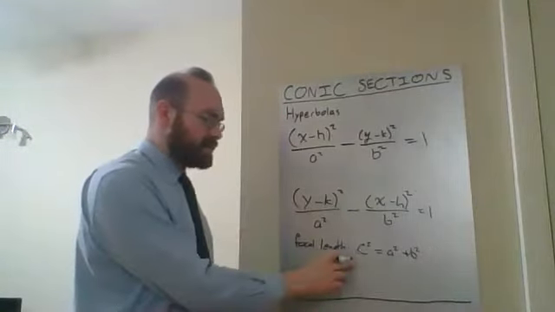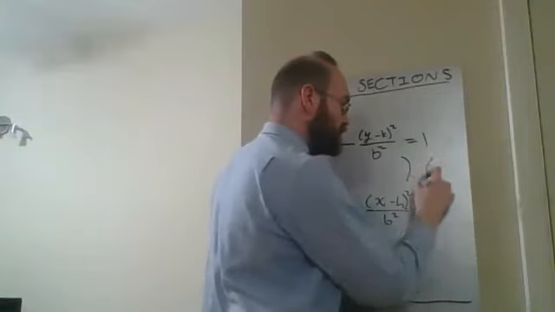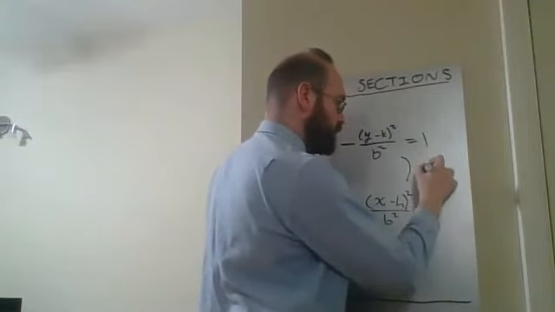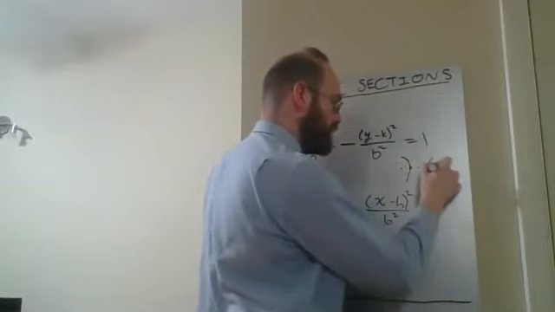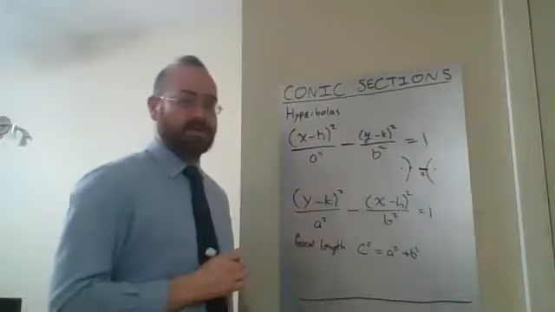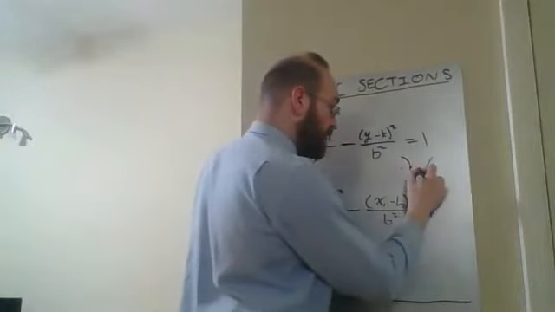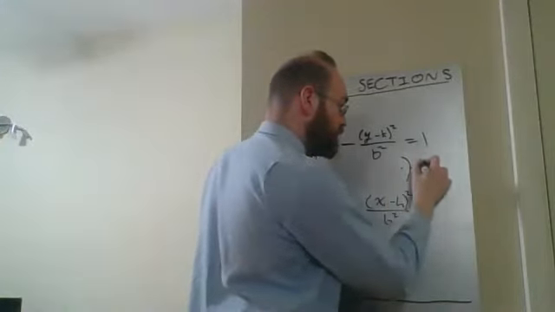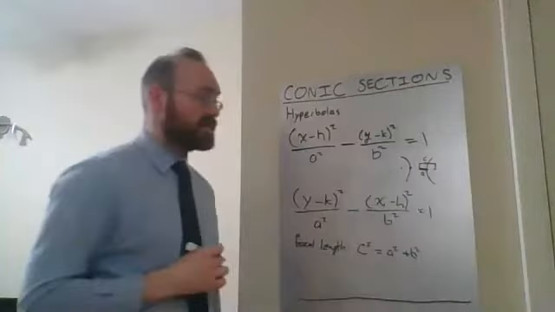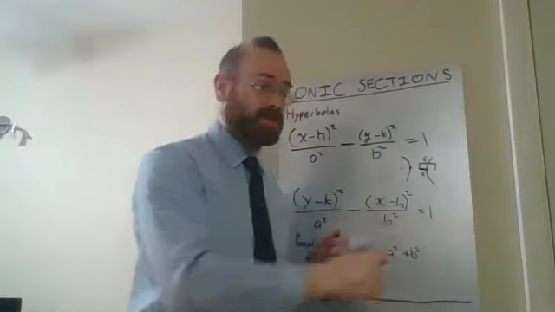In this case, C needs to be bigger than A. So I'm going to sketch out a small hyperbola. Remember, A is the distance from the center to the vertex. But C is the distance from the center past the vertex to the focus.